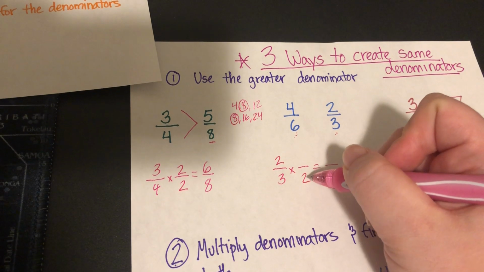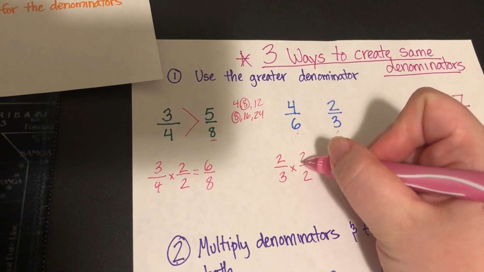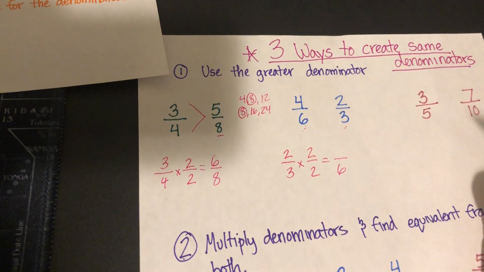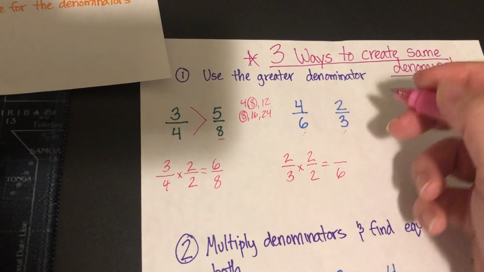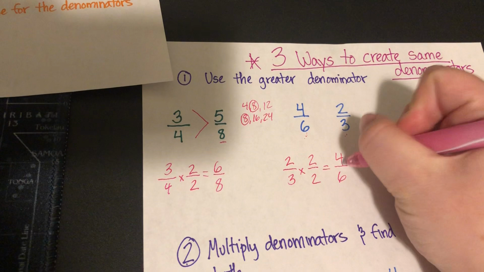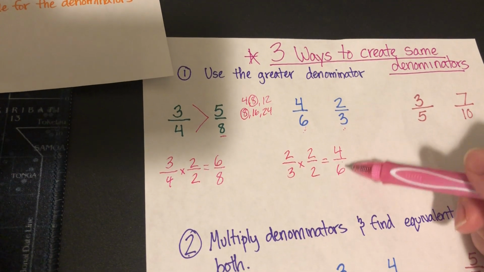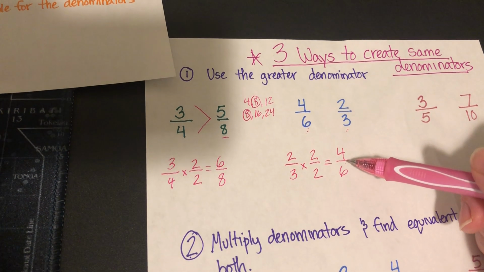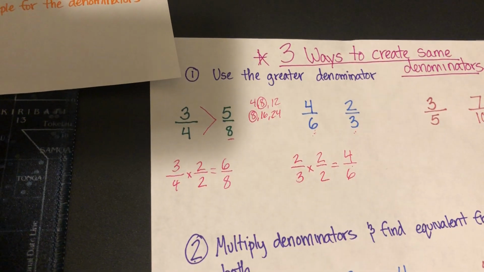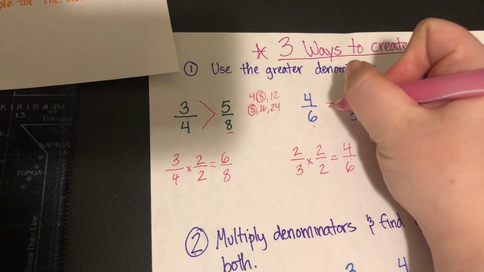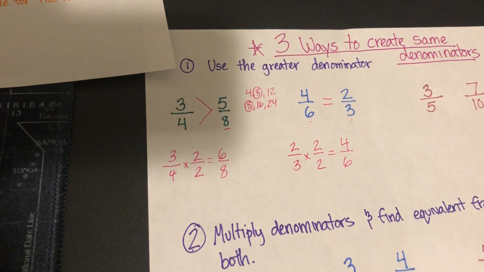So what I'm multiplying on the bottom, I have to do on the top. My fraction of 1. 3 times 2 equals 6. 2 times 2 equals 4. So I'm comparing 4/6 and 4/6. 2/3 is 4/6 and 4/6. So they are actually equal. They are the same fraction.